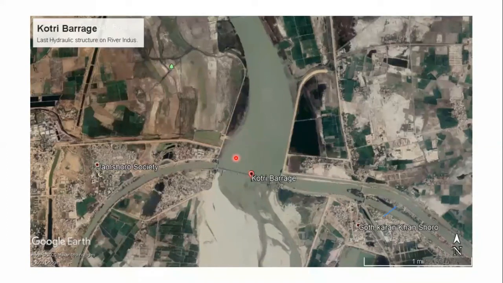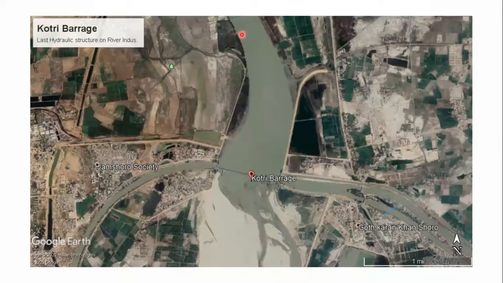The difference between guide banks and flood embankments, which are also termed as marginal ones, is that guide banks are stone pitched, their surfaces are provided with heavy stones, whereas flood embankments or marginal ones are simple earthen embankments.